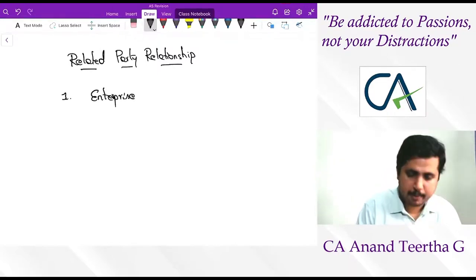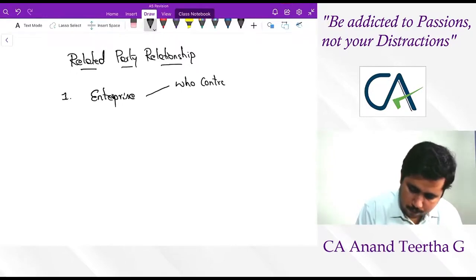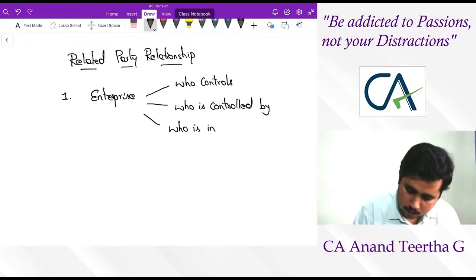Okay, there is an enterprise who controls or who is controlled by or who is in common control with reporting enterprise.